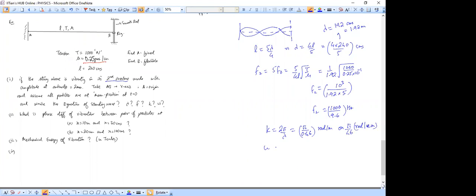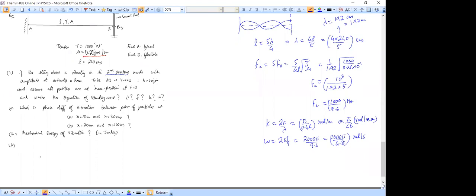And your omega, which is 2 pi f, will become 2000 pi by 9.6, or you can also write that as 1000 pi by 4.8 radians per second. Okay.